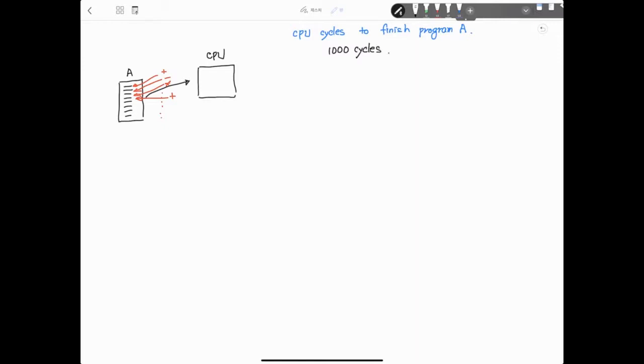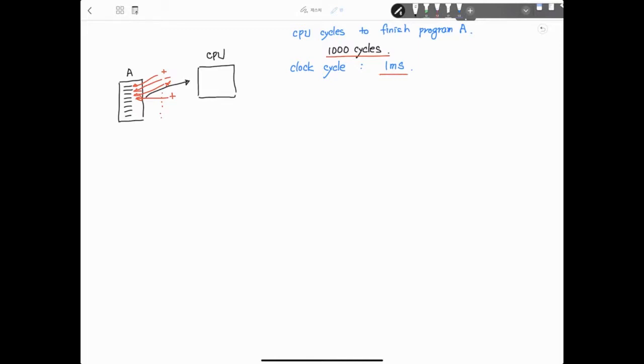And the clock cycle means its duration; a clock cycle is 1 millisecond, for instance. So these two values are given: to finish program A, it takes 1,000 cycles, and each cycle requires 1 millisecond.